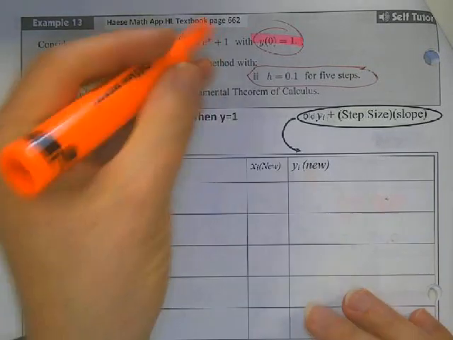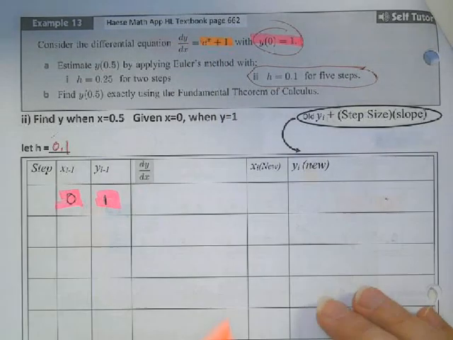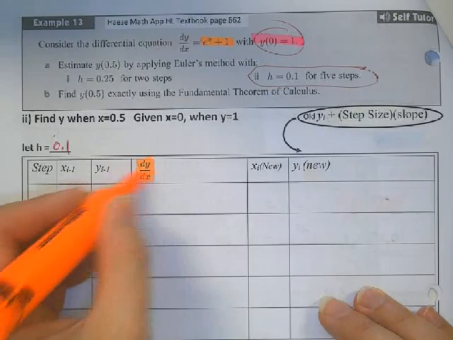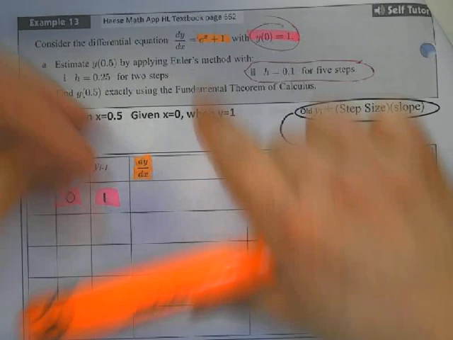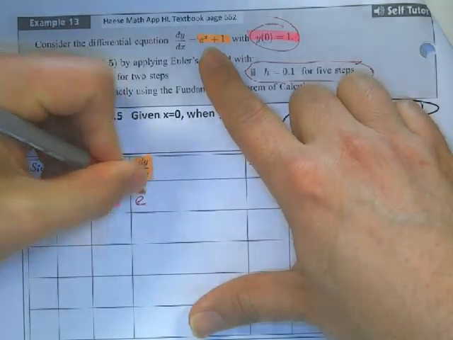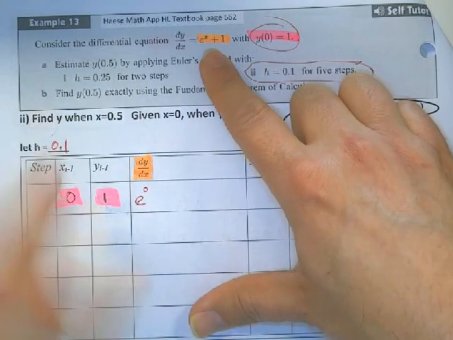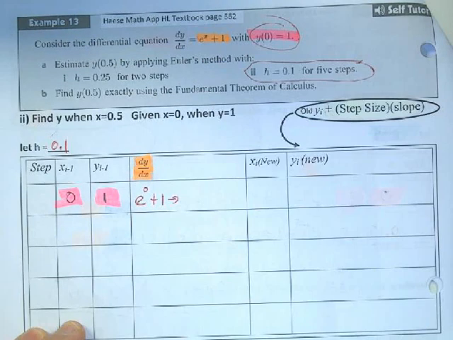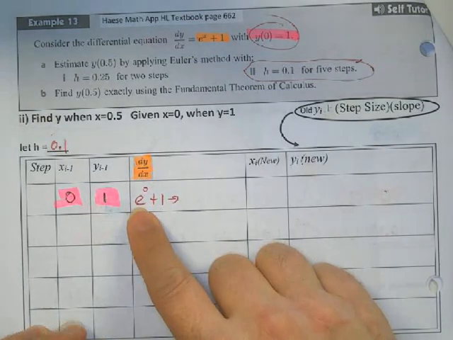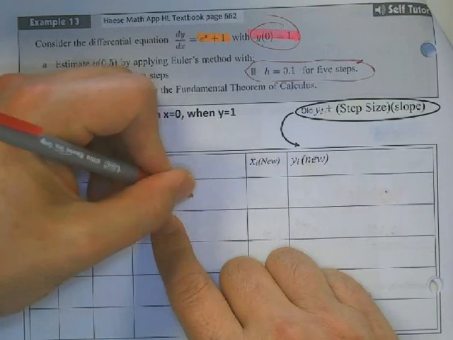Once again, I'm going to use this formula to find my derivative. Just like before, I have e to the 0, because x is 0, plus 1, and anything to the 0 is 1, and 1 plus 1 gives me a value of 2.